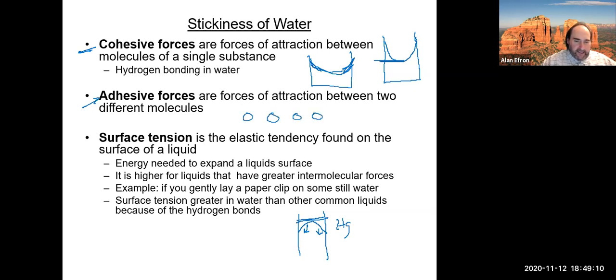And if we take this water molecule at the surface, it's feeling attractive forces to the left, to the right and down. And what ends up happening is there's no attractive forces going upwards at the surface. So it ends up stretching the surface, right? And creating tension as it stretches out.